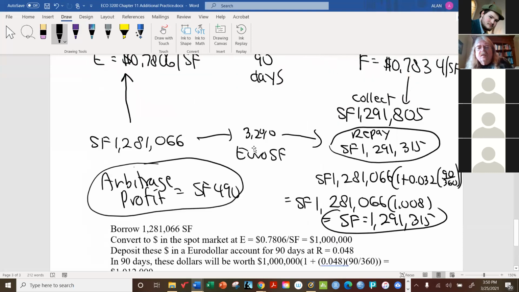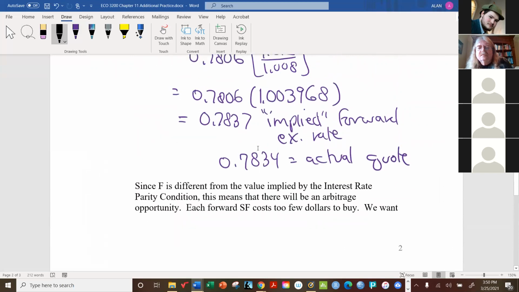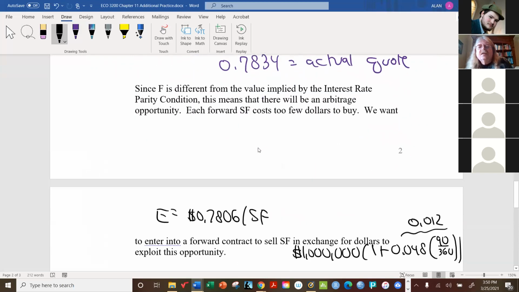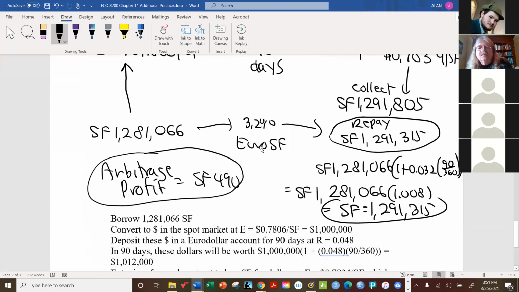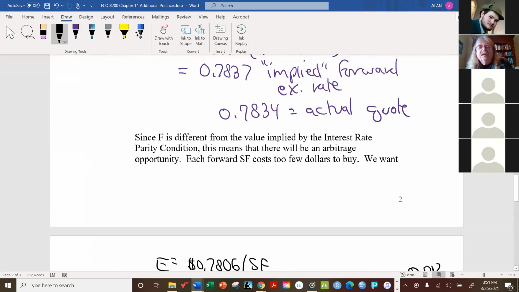All right, so now how do we know to do it this way? Well, I did mention up here that the quote is too low. Now remember what this represents. This is how much we pay in dollars to acquire a forward Swiss franc.